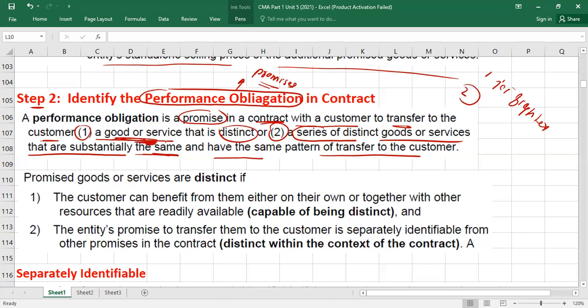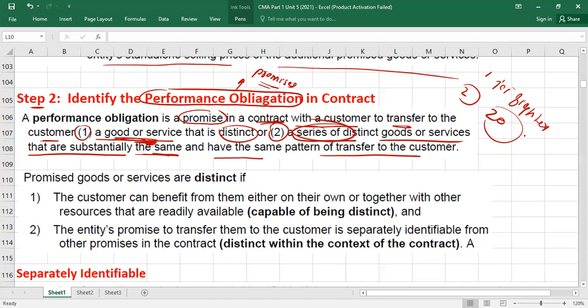It means it is a product. This promise could be for a good or a service. Second, it could be a series. For example, you contacted Lockheed Martin and said that you want to buy 20 F-16 jet fighters. How many jet fighters? 20. They told you, okay, no worry, but 20 at a time we cannot deliver. 5 we will deliver within the first 6 months, the next 5 in the next 6 months, the next 5 in the next 6 months, and within 2 years we will complete your 20 jet fighters.